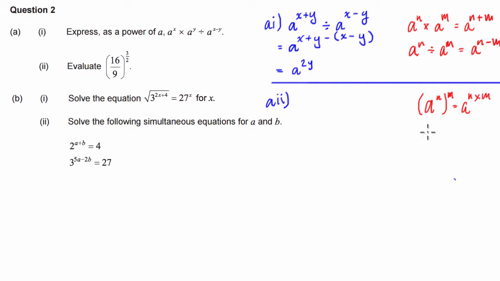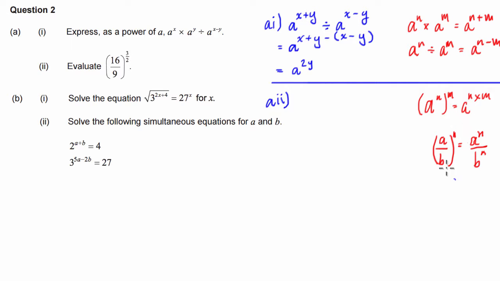And we're going to use this index law as well: a over b, all to the n, is equal to a to the n over b to the n. So that's the distributive law there.